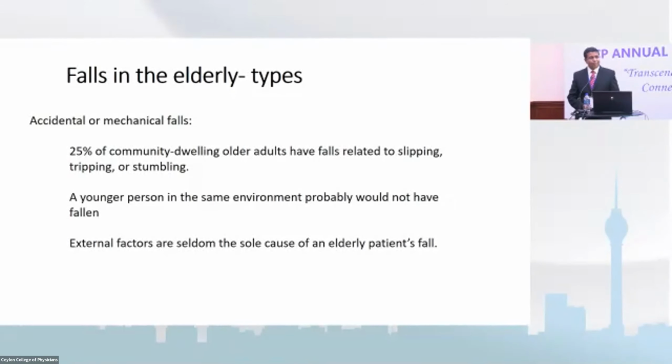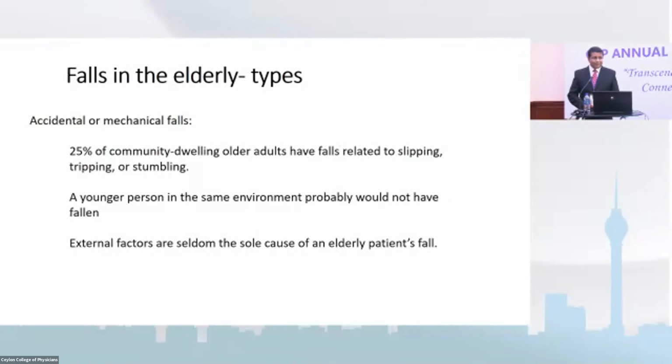But if we think of a young person in a similar situation, will this young man have a fall? Probably not. Why do the elderly also have accidental falls? Because they have some risk factors like gait problems, mobility problems, those things.